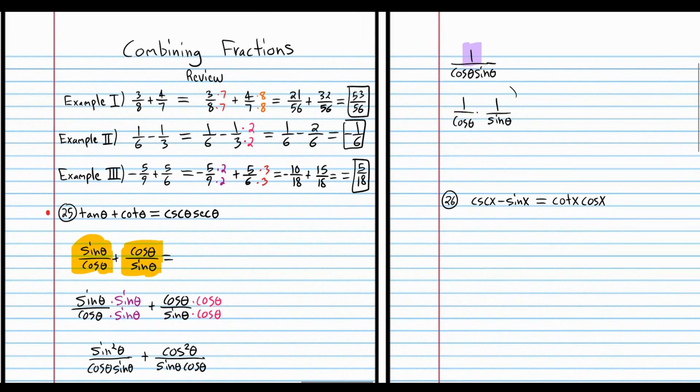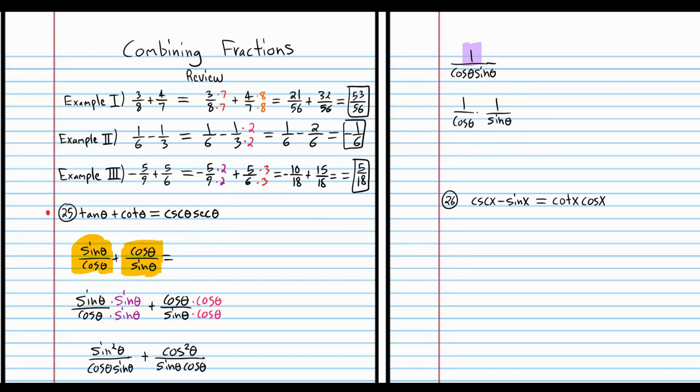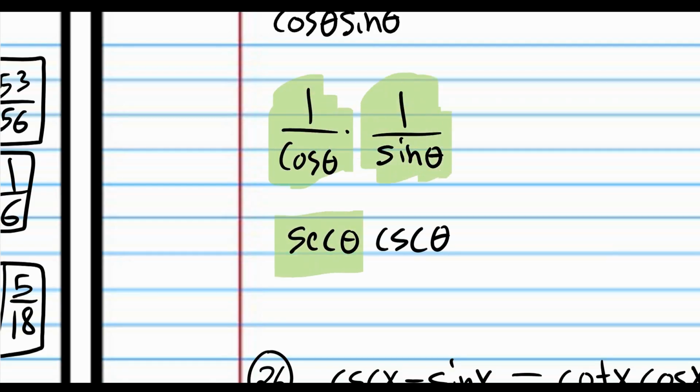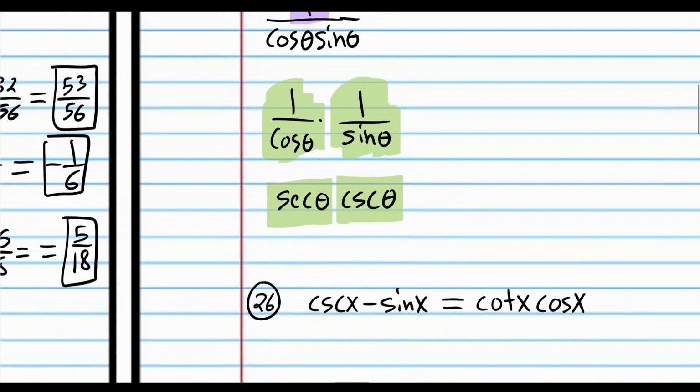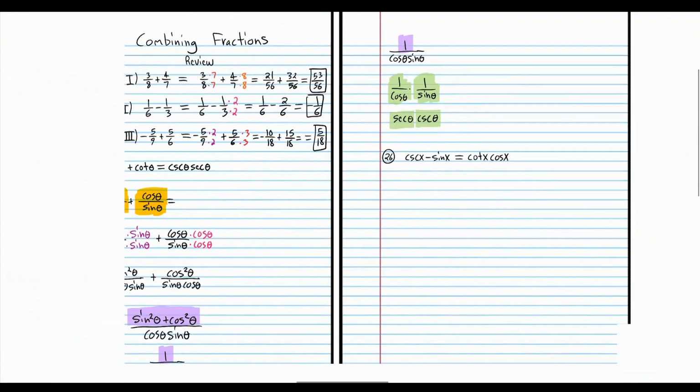And the reason I did that is because, look, we're trying to convert to cosecant theta times secant theta. So you can see that that's exactly what we get. The only difference is the order. The order is different, but again, that's not even really necessary to change because of the commutative rule of multiplication.